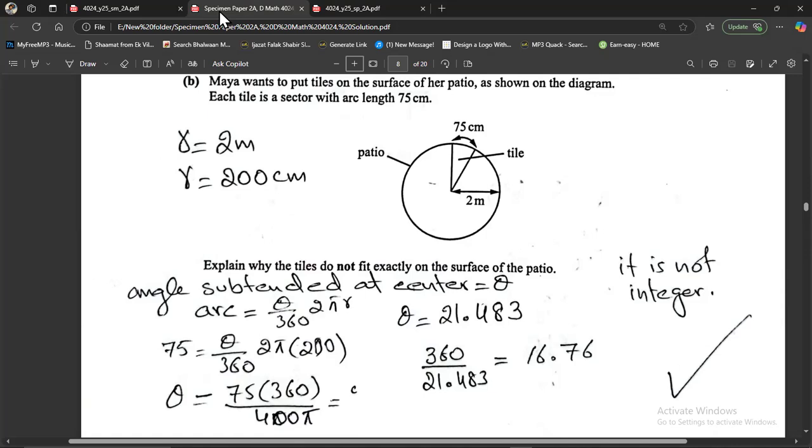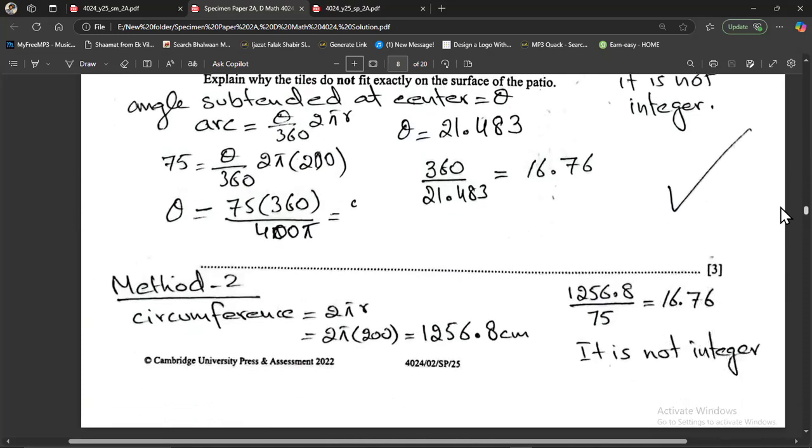21.483 degrees. Now divide the 360 degree by the 21.483, you get 16.76. It is not an integer. So that's why we say tiles will not fit the whole circle. So this is one method. If this answer is an integer, the tiles will exactly fit. Okay, the method number 2 is very simple.